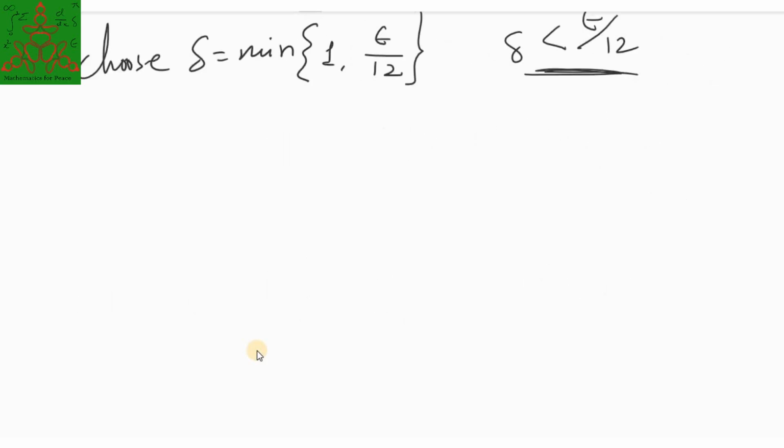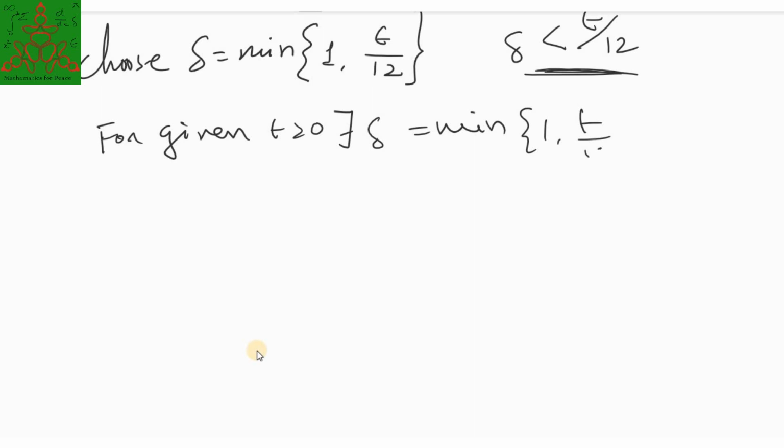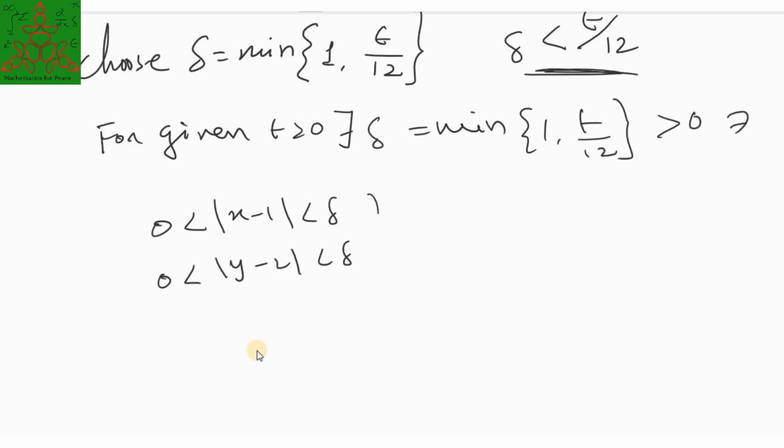Using this, we can say for given epsilon greater than 0, there exists a delta, the minimum of 1 and epsilon by 12, greater than 0, such that 0 less than mod x minus 1 less than delta, 0 less than mod y minus 2 less than delta, implies mod 3xy minus 6 is less than epsilon.